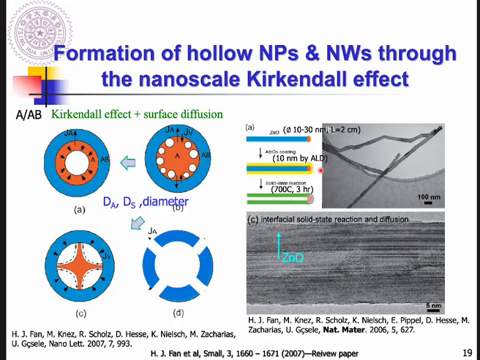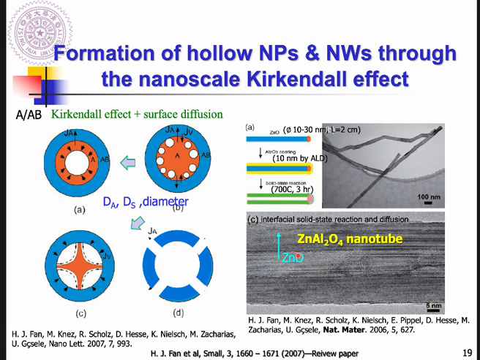They make sure the zinc flux moving outward is larger than the alumina flux moving inward, so that will allow the vacancy flux to move inward.